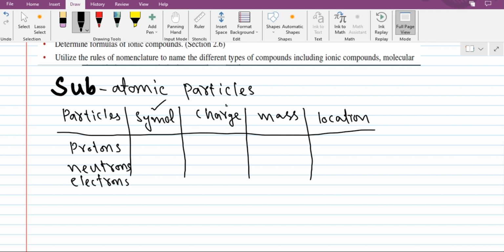The charge means what type of charge, positive or negative, or it may have no charge in the case of neutrons. This is the actual mass that is calculated so far, so we must remember this. And then the location means where these subatomic particles are located inside the atom.